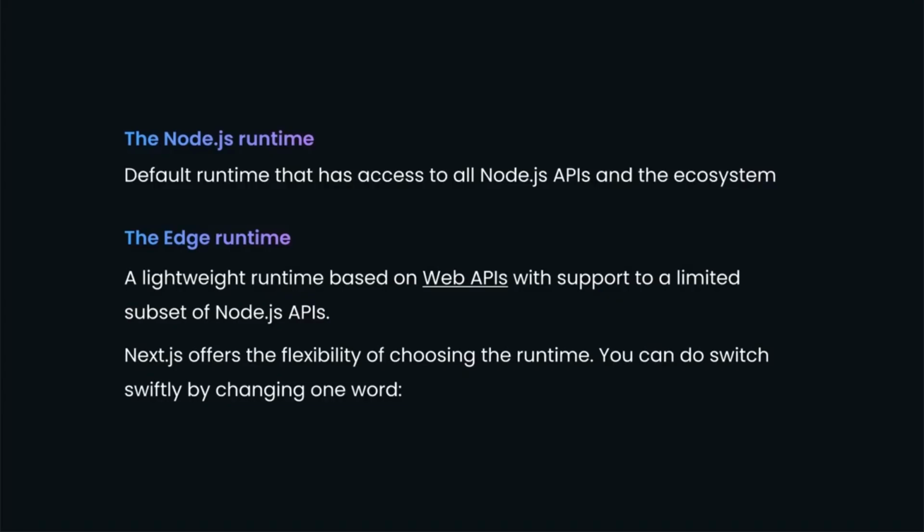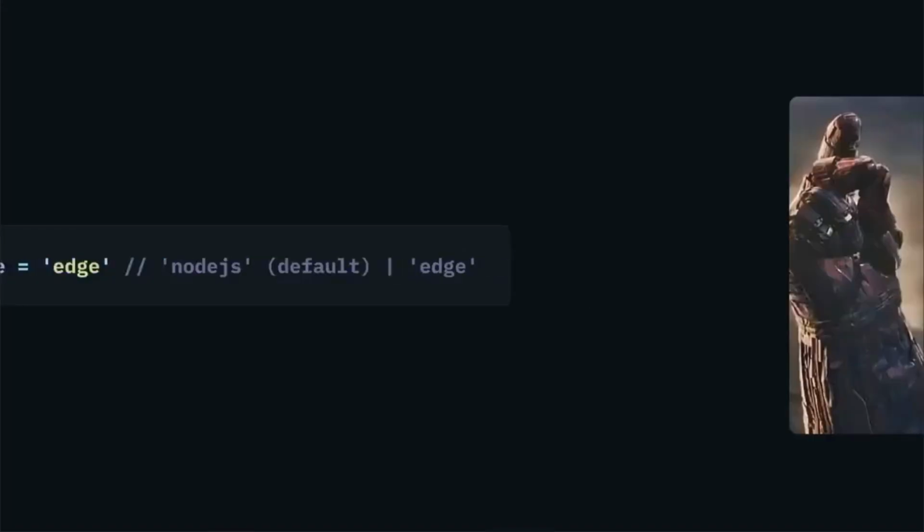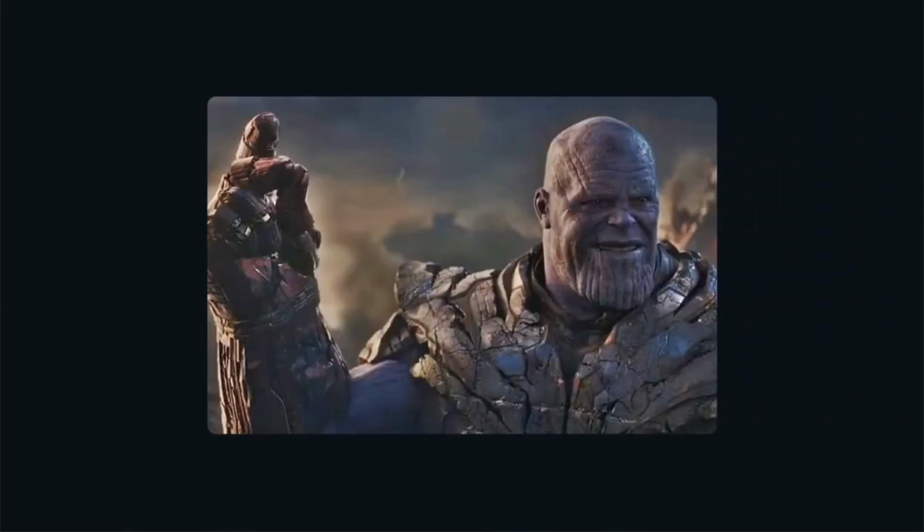You can swiftly switch by changing one word: export const runtime, Edge, or Node.js. It's set to Node.js by default, and you just put this at the top of your file. Isn't this amazing? Just with a simple word change, a whole new ecosystem emerges. It's like a snap of Thanos' finger, and suddenly a completely different world opens up.